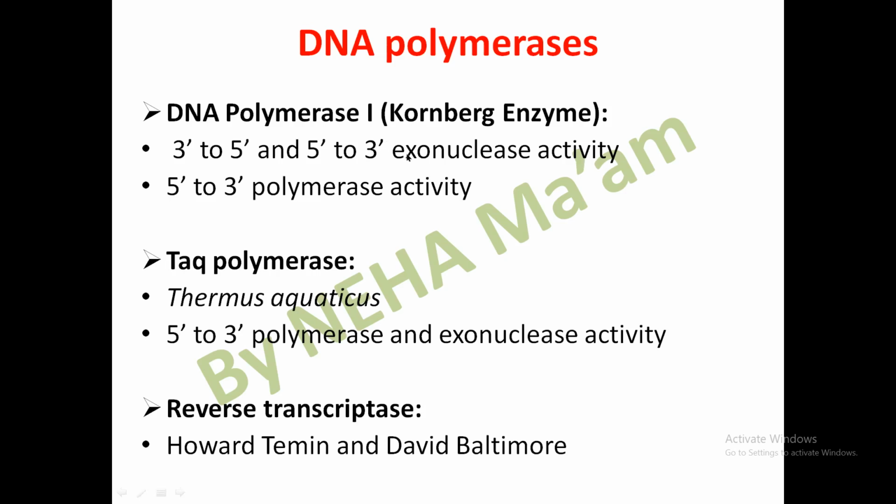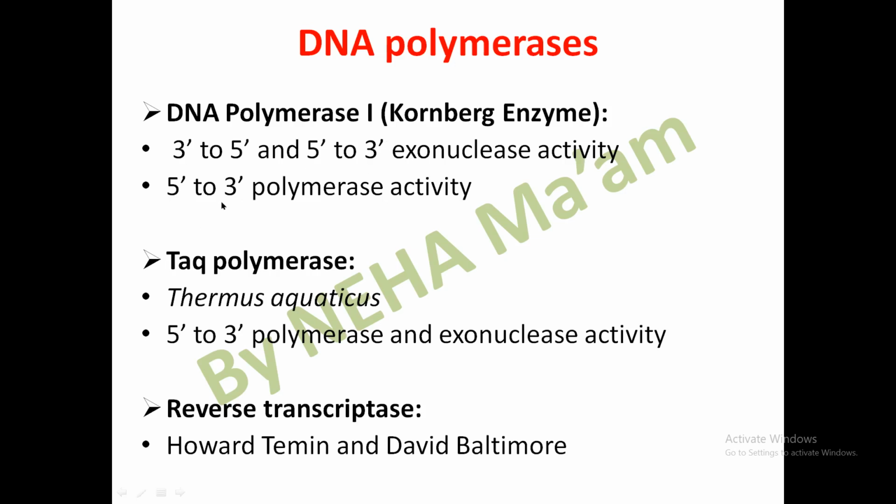Both these activities are important to remove the contaminated double-stranded sequences of DNA which have been formed by mistake. Another important activity is 5' to 3' polymerase activity, which basically helps in the amplification of the DNA sequence in the 5' to 3' direction.